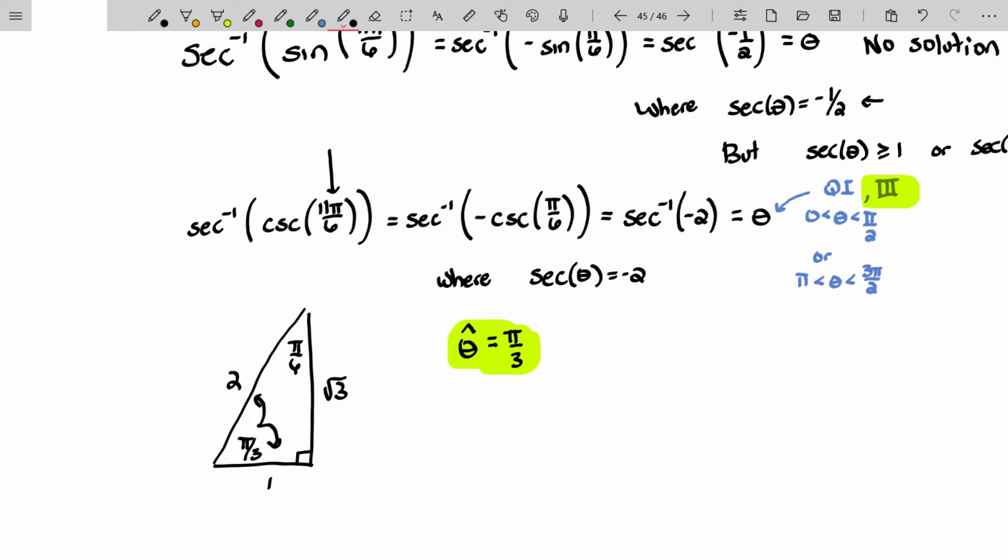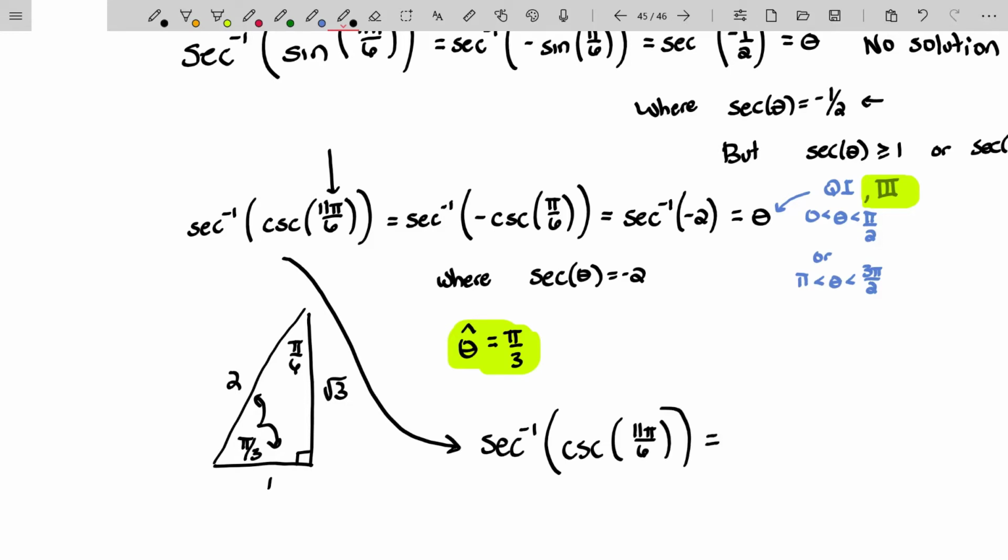That means our actual angle, theta, which is the secant inverse of all this stuff, so let me just write that down below: secant inverse of the cosecant of 11 pi over 6 is going to be an angle in quadrant 3 with a reference angle of pi over 3.